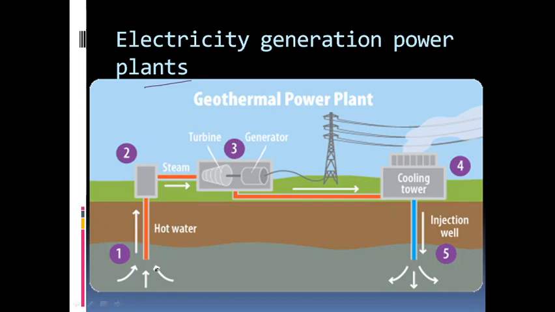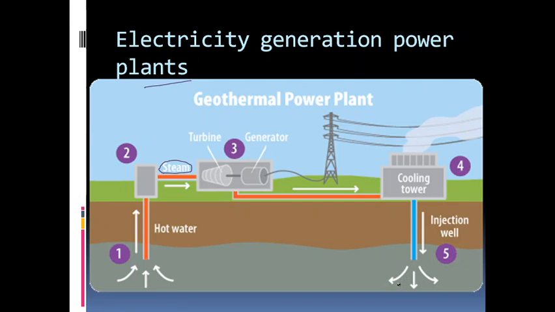So as you can see here, hot water from the underground region will be taken up, and if the system is very efficient, this can be taken as steam, and this steam can be used to generate electricity, and further the cooled down steam, which is water, is injected back into the well.